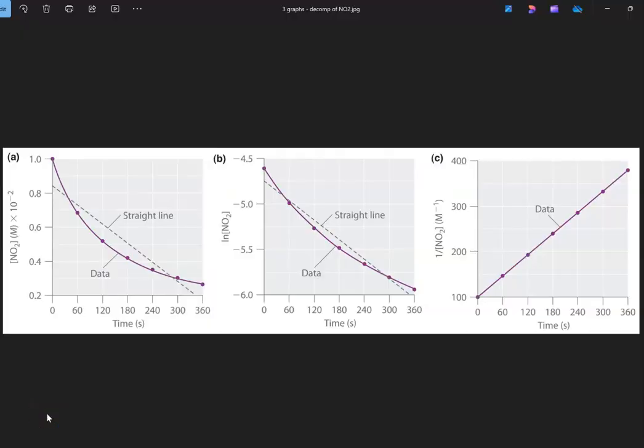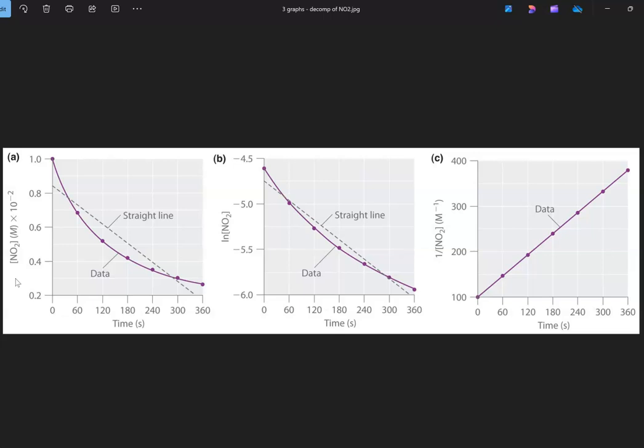Okay, to give you a quick example of how the analysis might look, let's look at this set of three graphs here. Let's say that, I don't have the equation on this image, but NO2 is the reactant. You can tell that because we're plotting, in this case, the concentration of NO2 versus time.